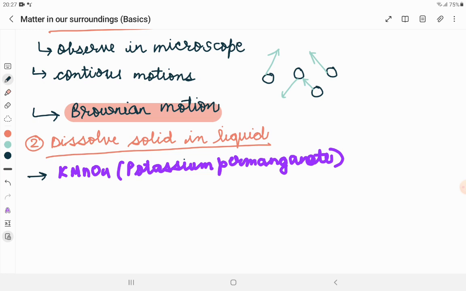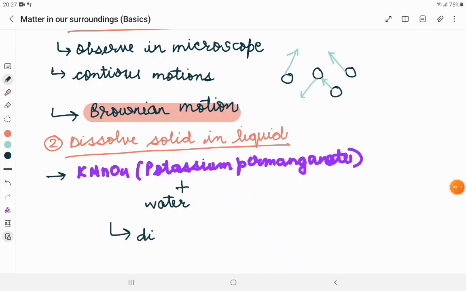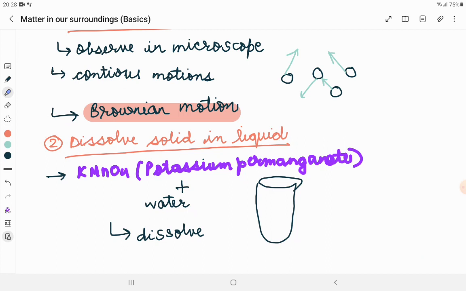Now what we have to do is add water to this. What happens when we dissolve this potassium permanganate in the water? Potassium permanganate is violet in color and water is transparent, but we come to know that the whole solution inside the water will change its color and turn to this color.